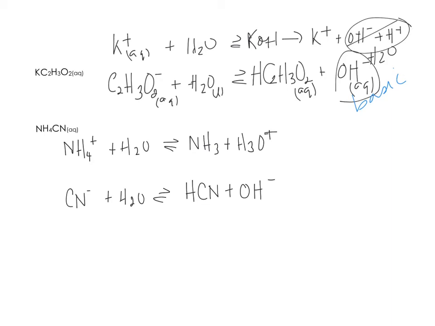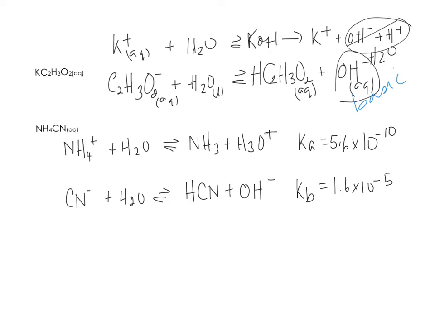So in this case, if you have a salt from the neutralization of a weak acid with a weak base, you have to compare the Ka values and the Kb values. Whichever one is larger is the one that's most predominant. The Ka value for the ammonium ion is 5.6 times 10 to the negative 10, and the Kb for cyanide is 1.6 times 10 to the negative 5.